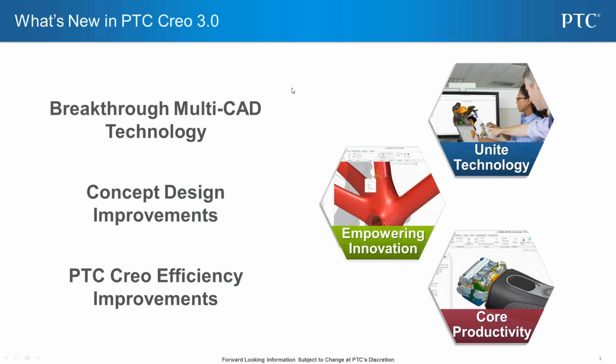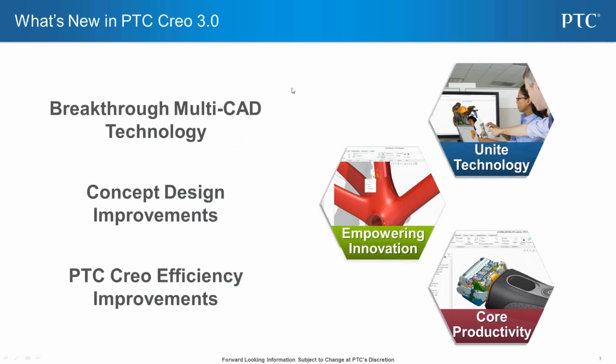So what I'm going to do is break the enhancements in Creo 3 down into three main areas. I'm going to present them in the form of themes for the release. The first one is our new breakthrough capability for working with multi-CAD data, something we call Unite technology.